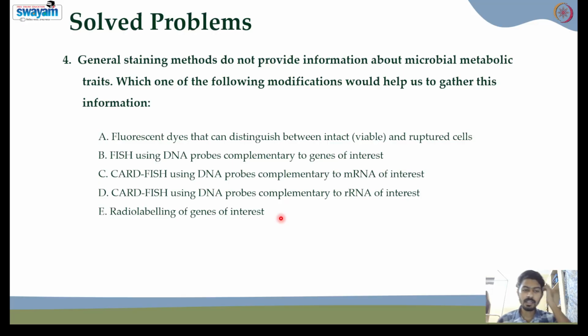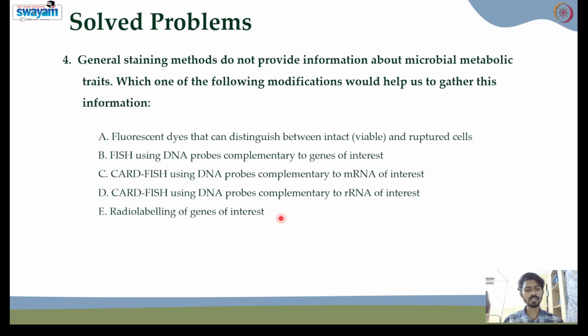So among this, which one of the modification would help us to gather the information? What modification would you prefer to get the microbial metabolic traits in addition to the general staining method? And your options are fluorescent dyes that can distinguish between viable and ruptured cells.